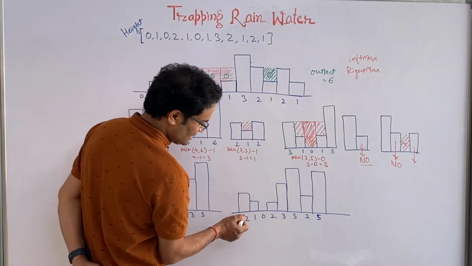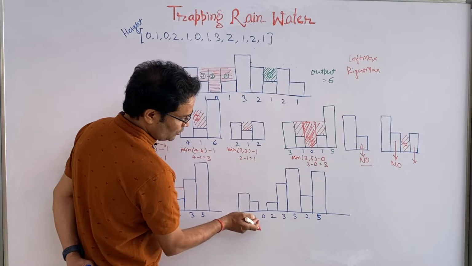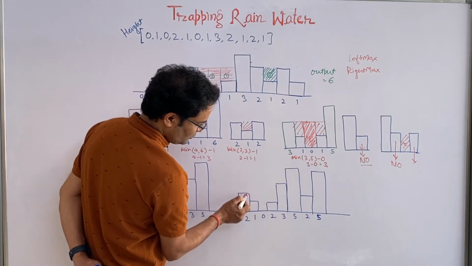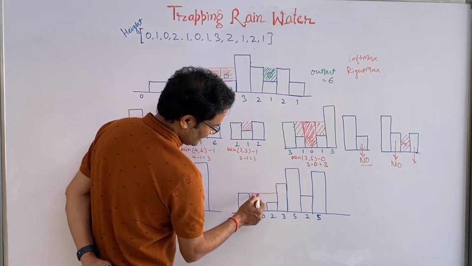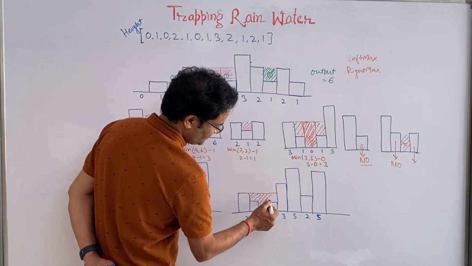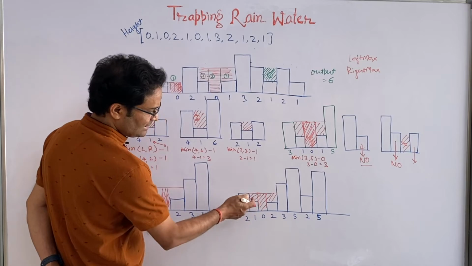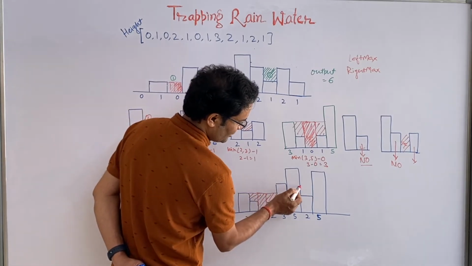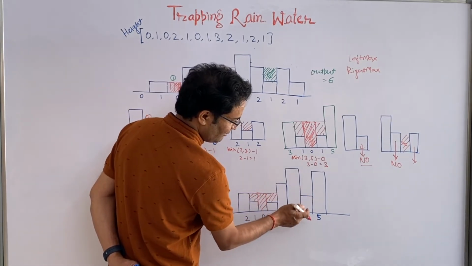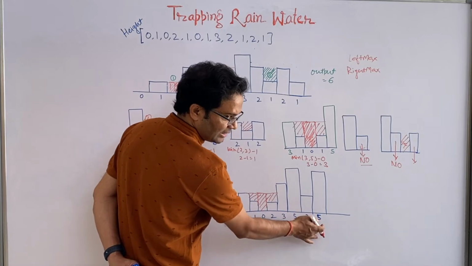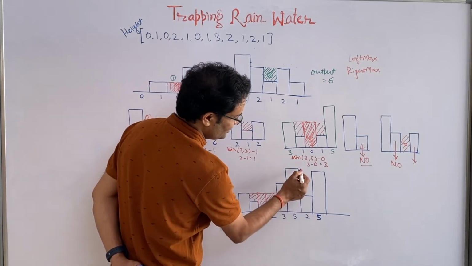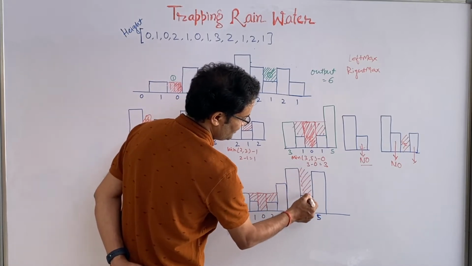Again, this is 2 and this is 5, of course 2, so we can have this much water. But on this side we also have the opportunity to have water. Left is 5, right is 5, minimum is 5, 5 minus 2 is 3, so we can have this much water.